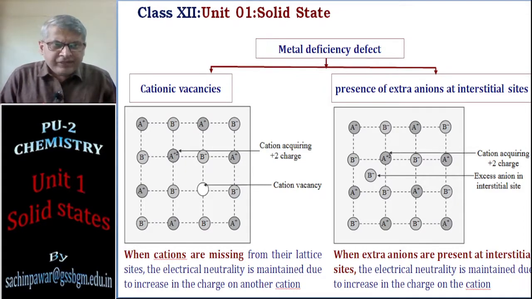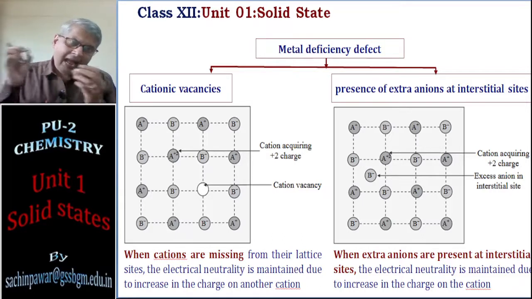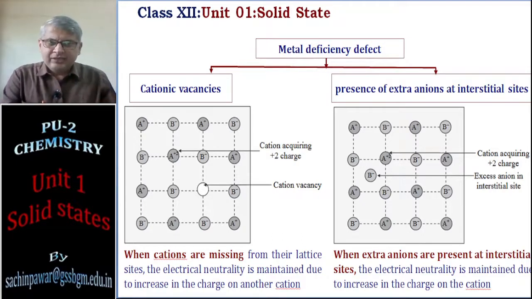In presence of extra anion, what happens? You are adding an extra negative charge. So to compensate that, the neighboring cations will acquire a more positive charge, so that the charges are compensated. This is about the metal excess defect and metal deficiency defect in case of cation vacancy and presence of extra anion at the interstitial site.